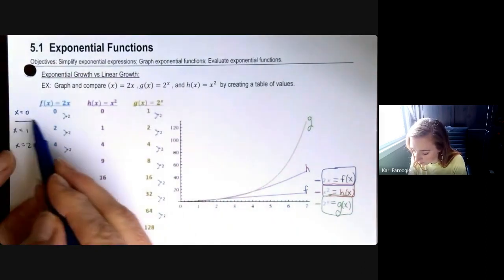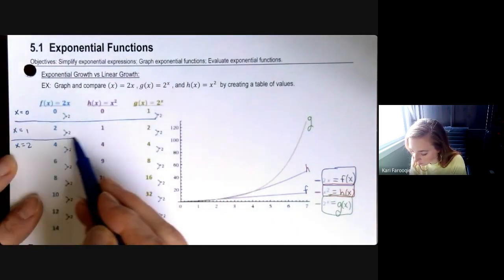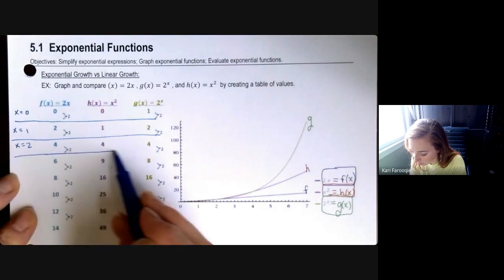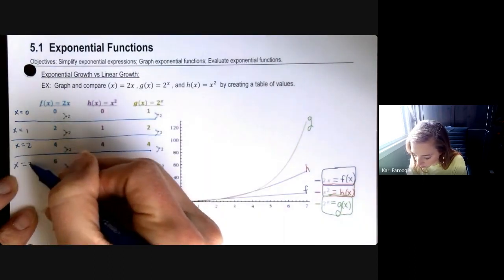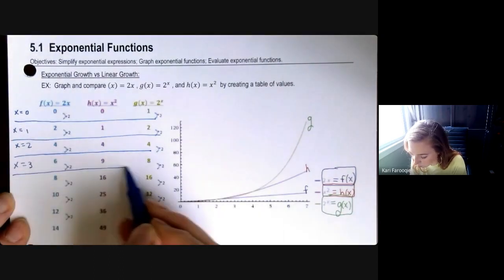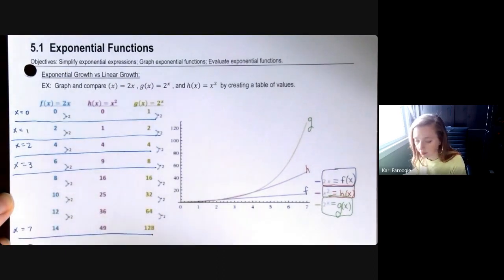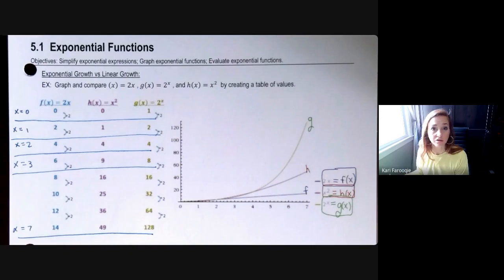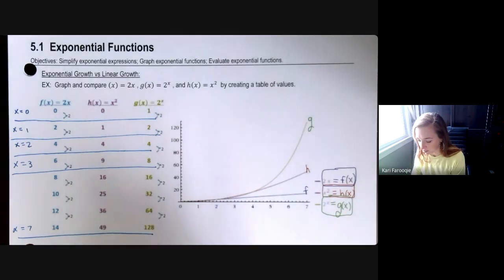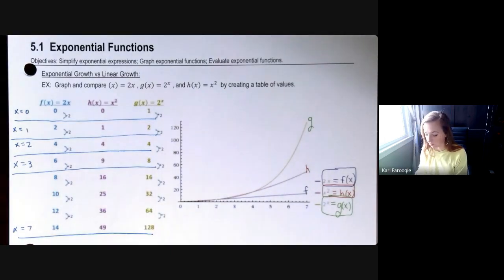But these all correspond to the given y values. And of course, when x equals 3, we're talking about 2 cubed, which is 8, all the way down to x equals 7, which gets you 2 to the 7th, which is 2 times 2 times 2 times 2 times 2 times 2 times 2. So that's what you're doing here with these values.